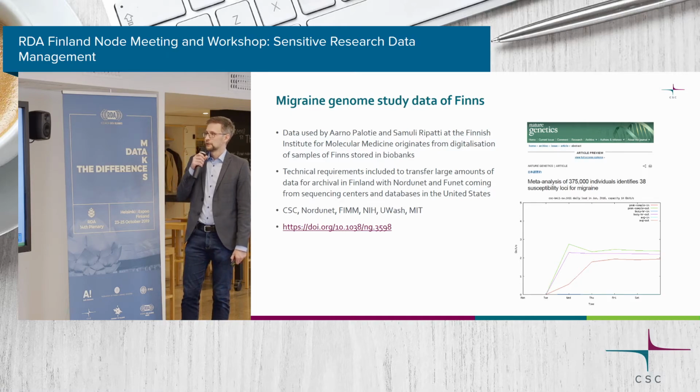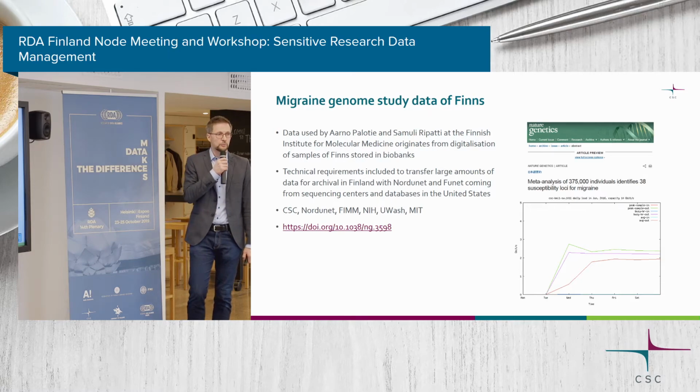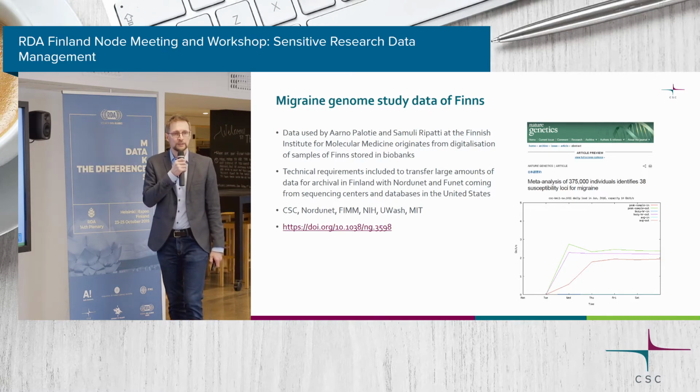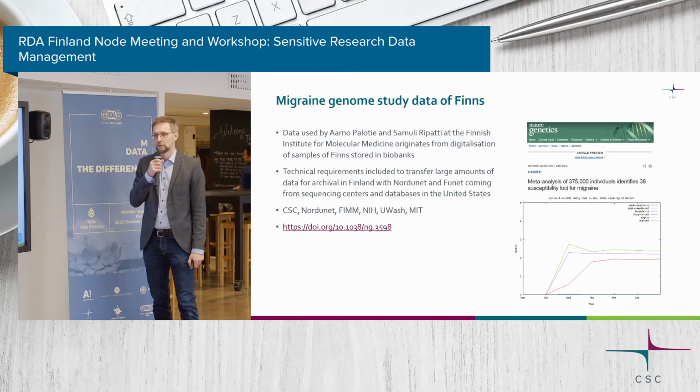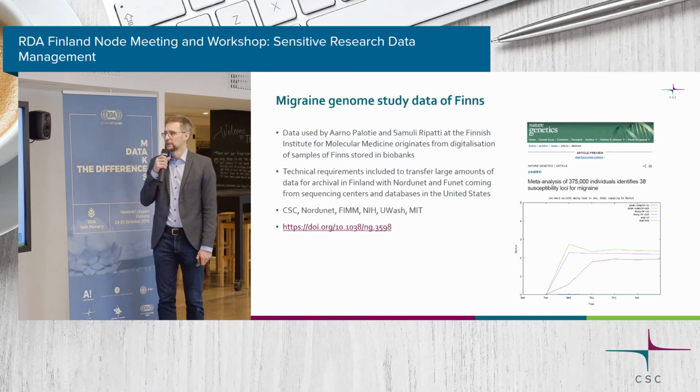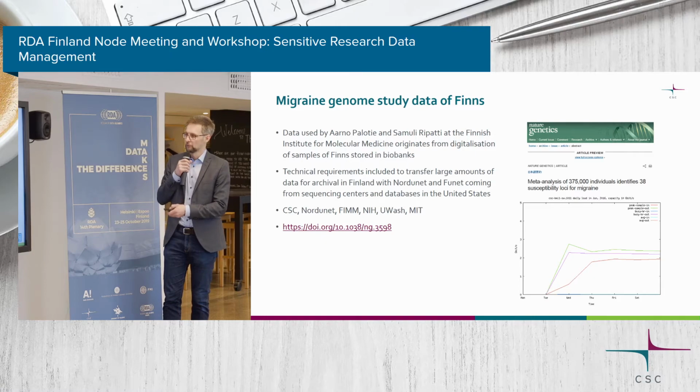In fact, this data from Finnish data subjects was sequenced in the United States, and I believe also processed there, but then returned back to Finland and to CSC storage for archiving and keeping it available for longer term.